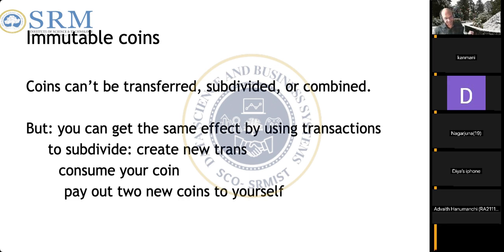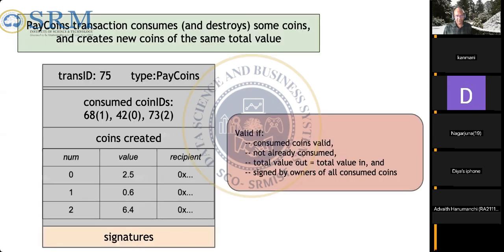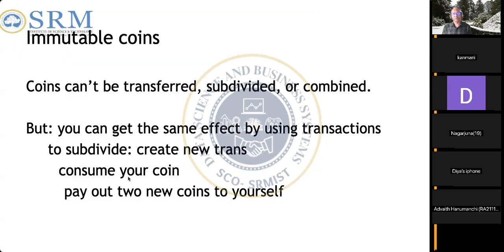If you have a coin, you cannot subdivide it or transfer it. The only way is to create a transaction: you spend some coins, and you create a new coin. So the coins are immutable.